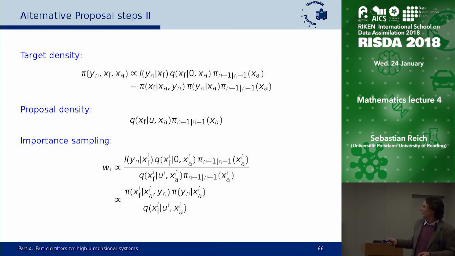And now you can swap orders here. This is the game you always play. So we keep this the same, and then this is the likelihood given the analysis. Sorry, the analysis is the old thing in this context.